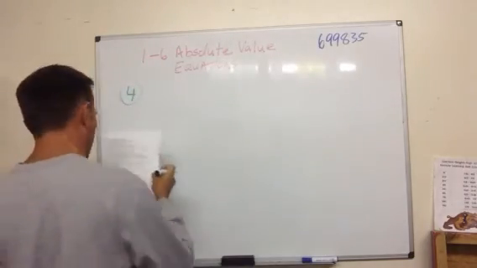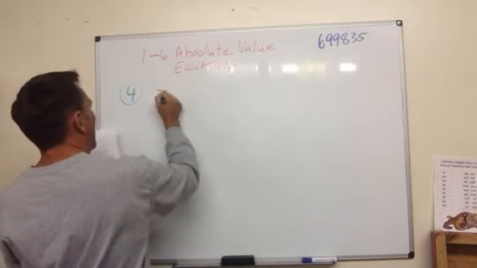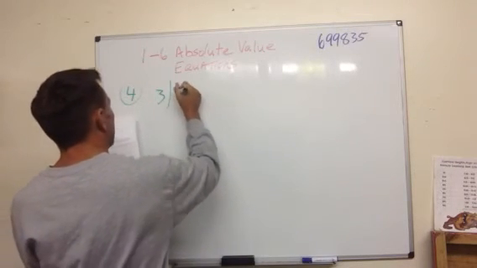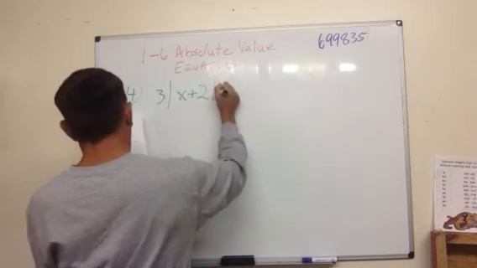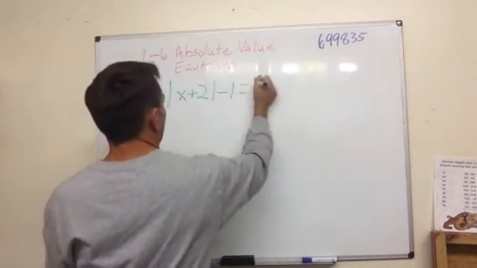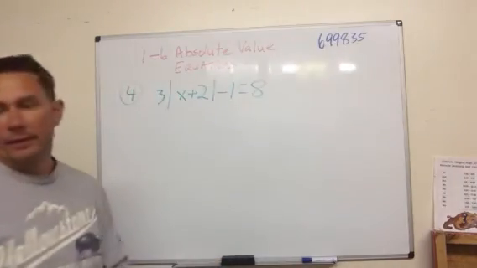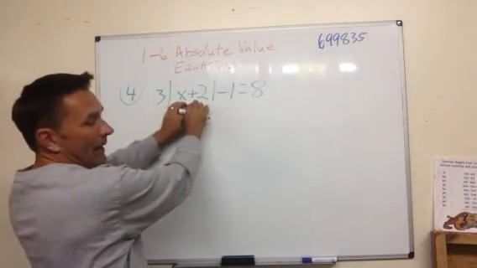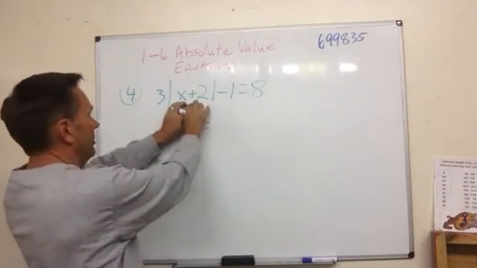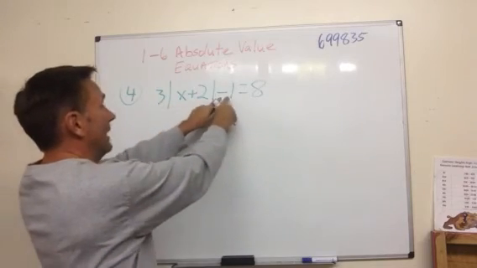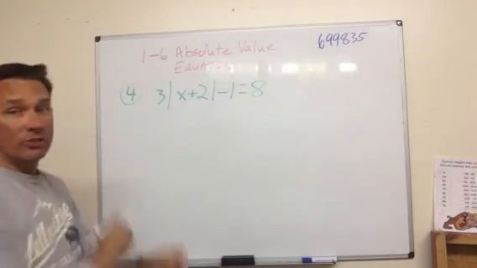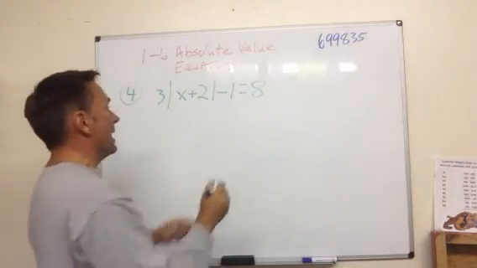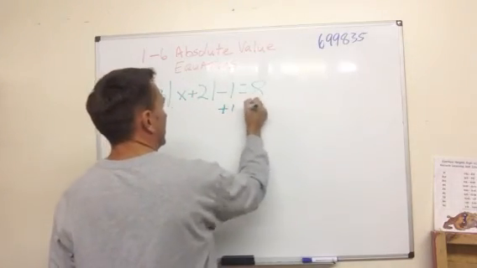This would be the most complicated problem we may see. Again, I need to get this by itself first. So I have something being multiplied and something being subtracted. Just like when we're solving equations, add opposites first.